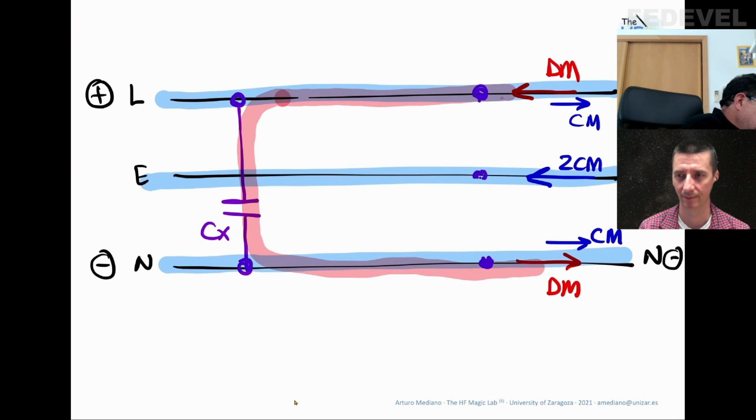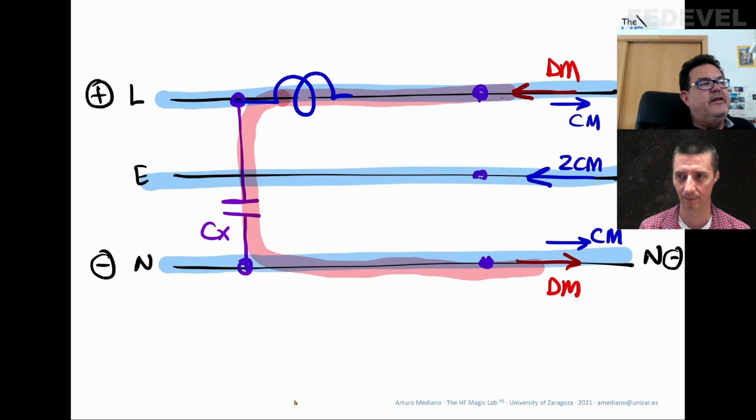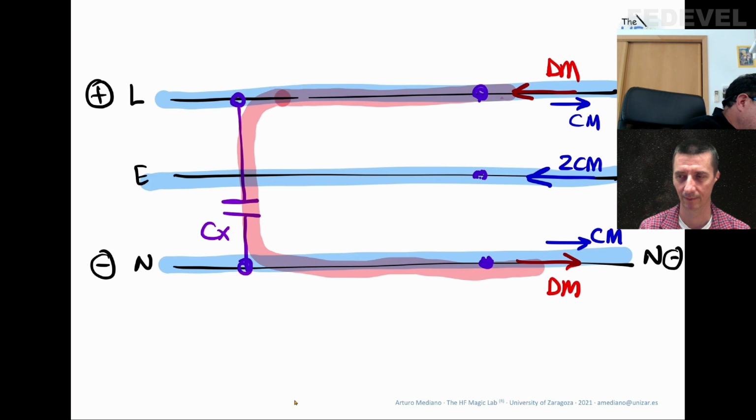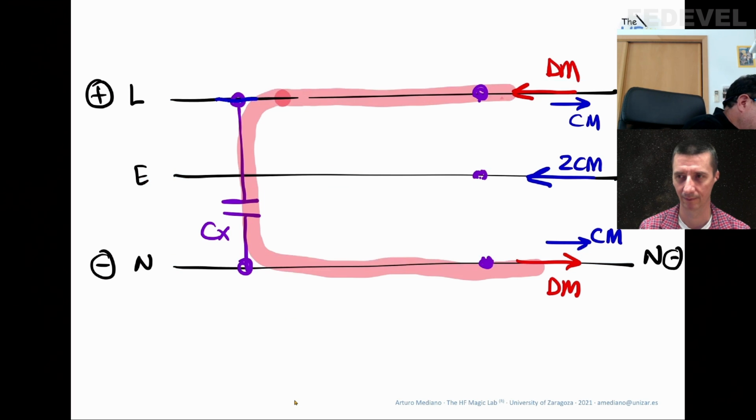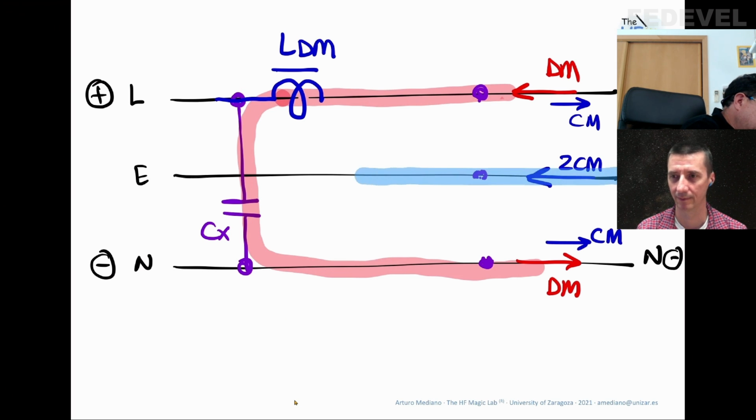Or the opposite. Let's remove this one. If I have an inductor here that is an inductor for the differential mode, the common mode noise is exactly the same, because it's taking this path and is returning through this line.